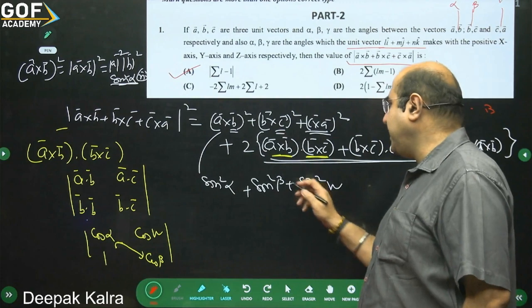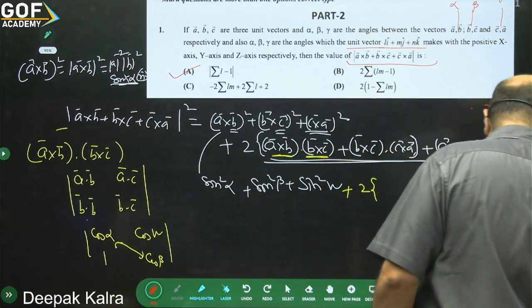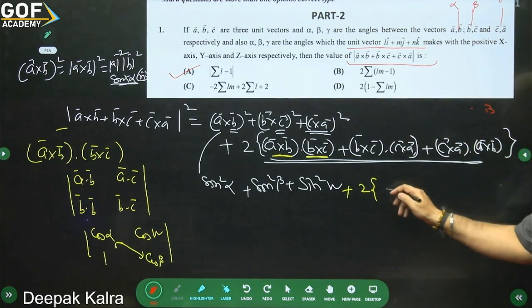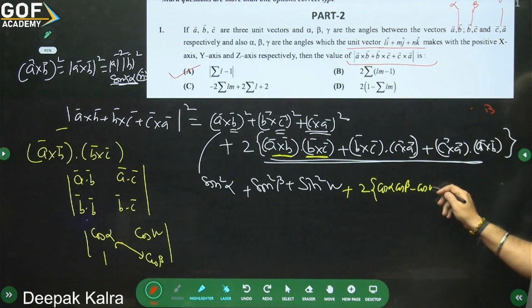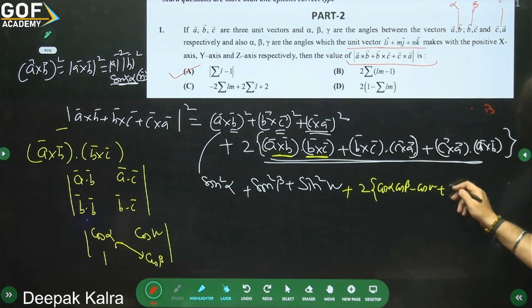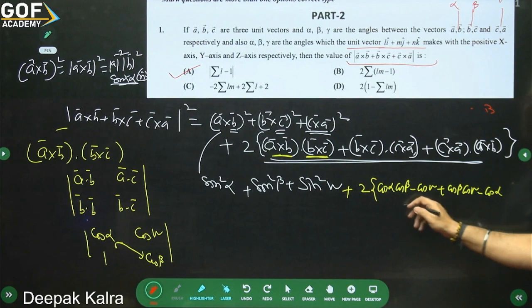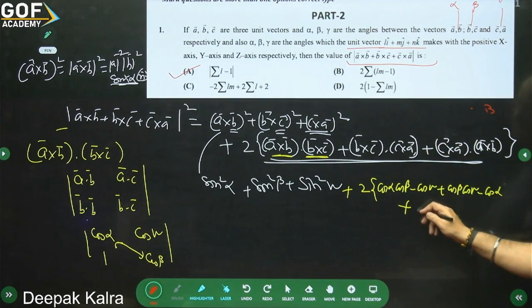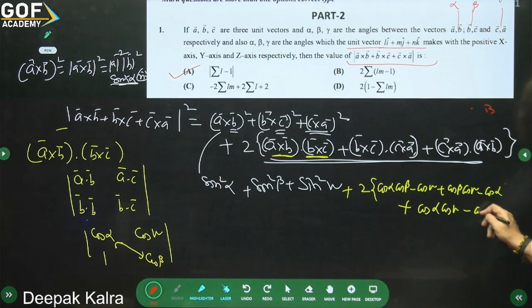So from this place, 2 times cos alpha cos beta minus cos gamma is the first one. Second one, when you solve, you have cos beta, cos gamma, cyclic process, minus cos alpha. Third one would be cos alpha, cos gamma, minus cos beta.